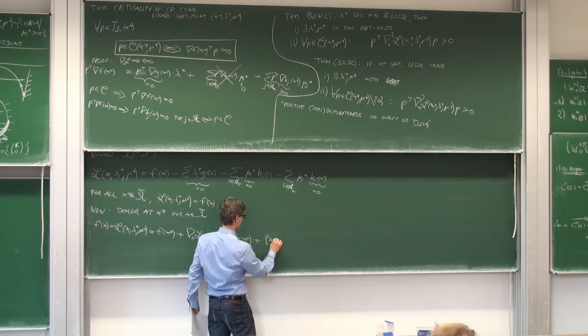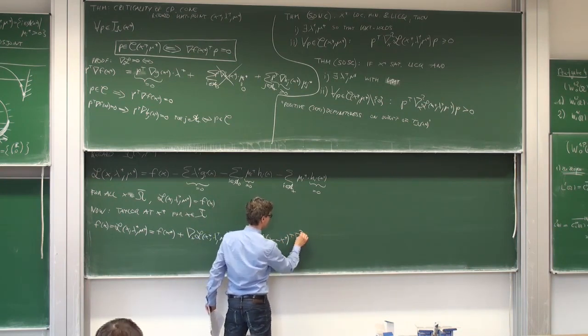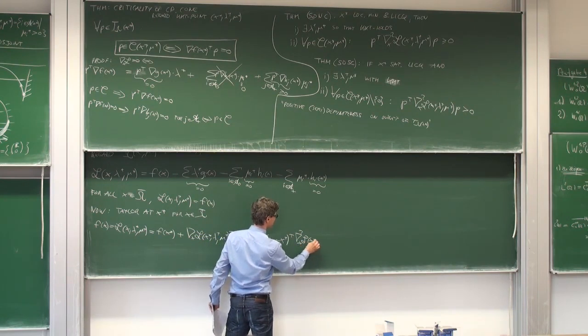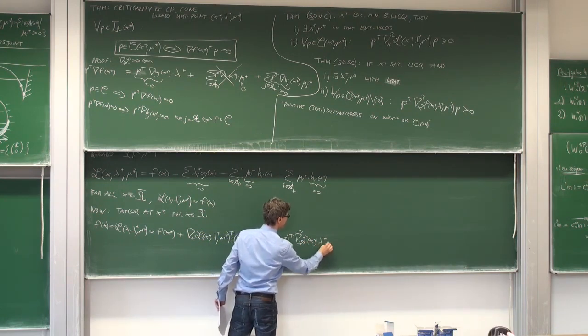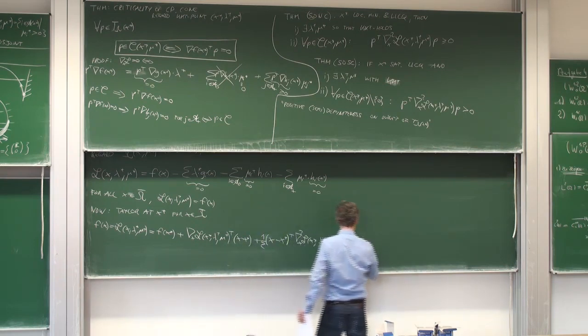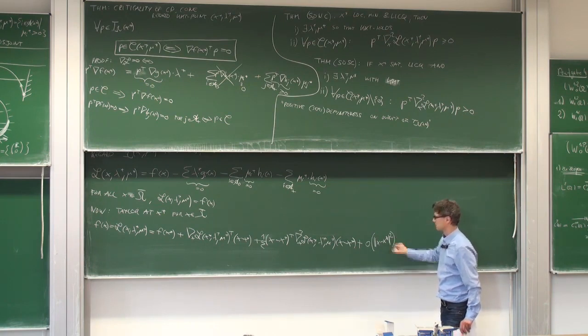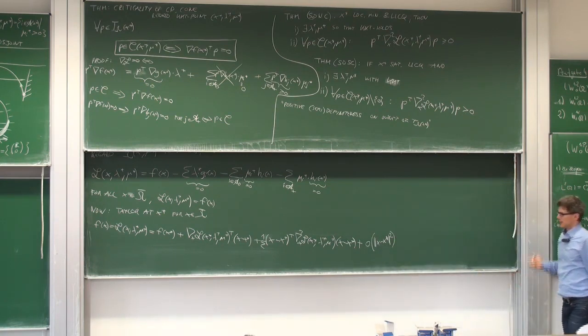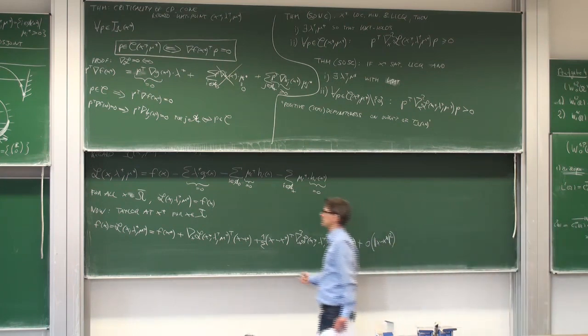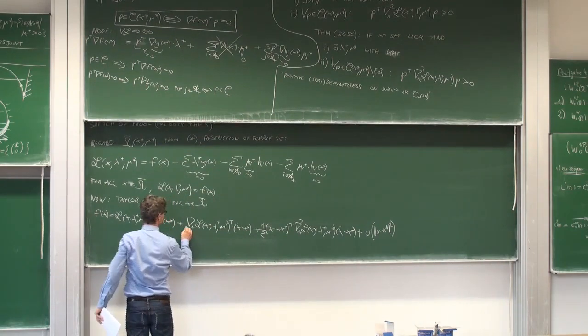So here I have x minus x star transpose with a 1/2, the second order expansion of the Lagrangian at x star, lambda star, mu star, times x minus x star, plus some terms which are of higher order, so it's small o of x minus x star. And now we are nearly finished. You see that this first order term is 0.